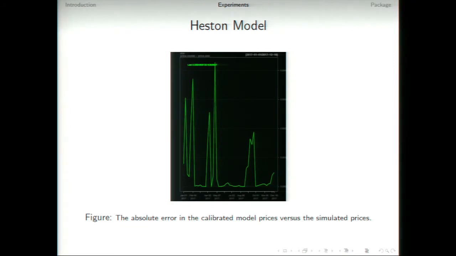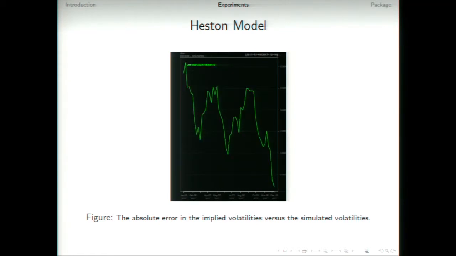We have our simulated data, we have our Heston prices on top of that simulated data, and then we can fit our model using the calibrated parameters, not the exact parameters used to generate the original data, and compare how different the prices are over time compared to the known prices.